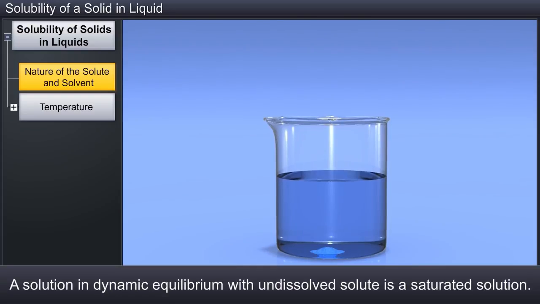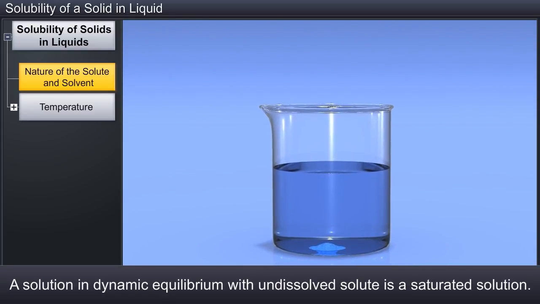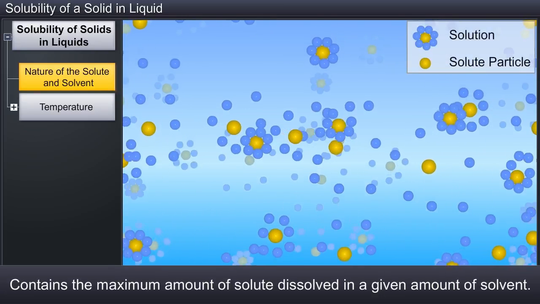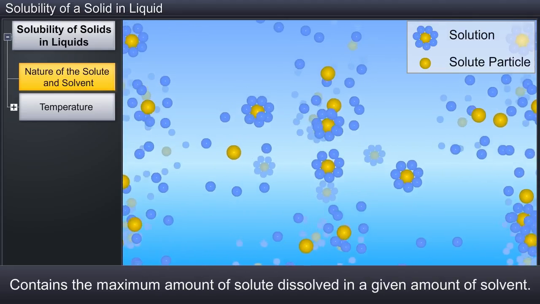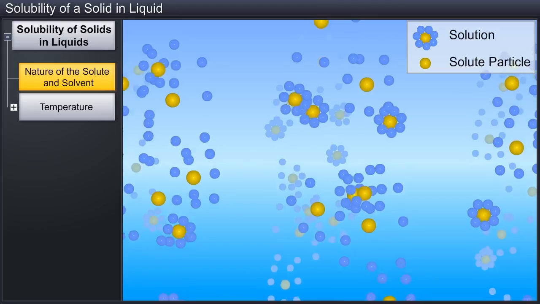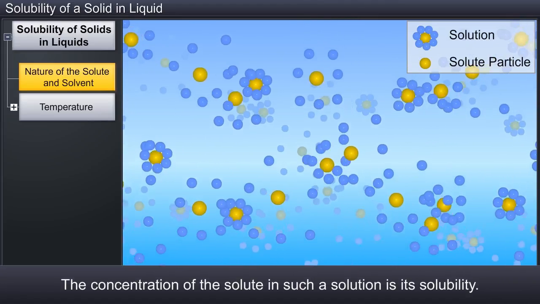Therefore, a solution in dynamic equilibrium with undissolved solute is a saturated solution, and contains the maximum amount of solute dissolved in a given amount of solvent. The concentration of the solute in such a solution is its solubility.